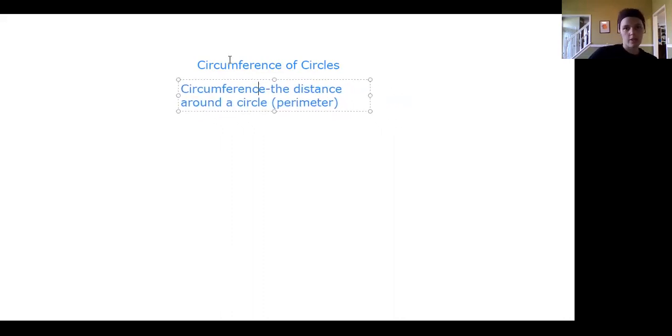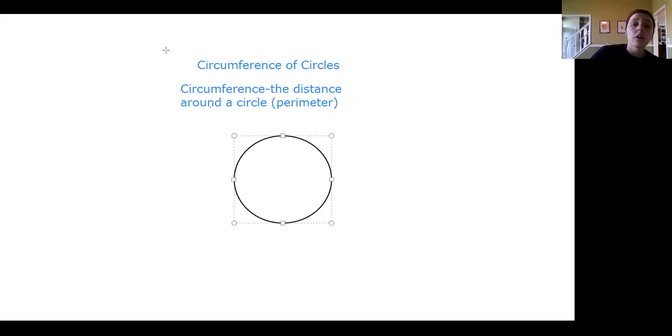All right, so let's start with parts of a circle. So let me get a circle here. Use your imagination. It's a perfect circle. So we have three parts of the circle I need you to know.